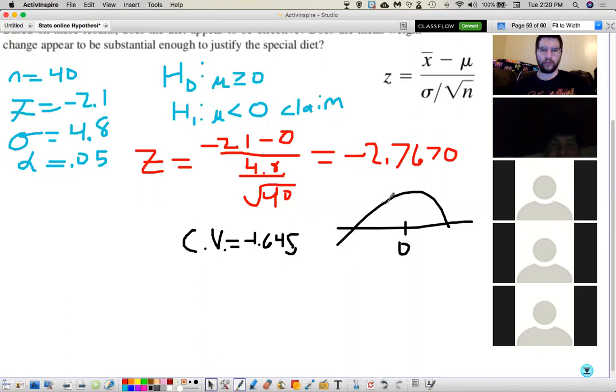Critical value negative 1.645. That's over here-ish. Shade to the left. And then my test statistic, negative 2.77, that's over here, definitely in that shaded region.